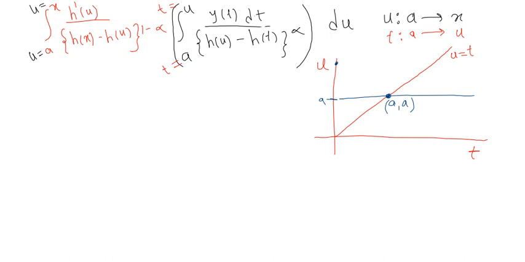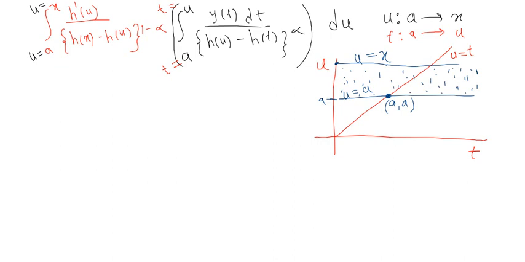So this line is u equal to x, and this line is u equal to a. So u is varying from a to x, and t is varying from a to u.